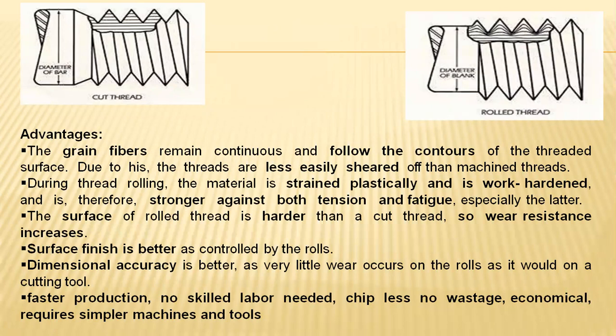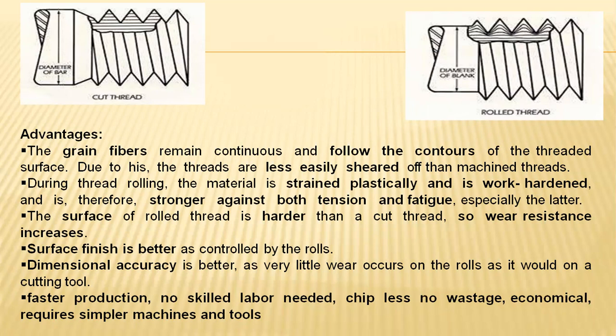So, coming to the advantages, whether it is capable to a maximum constraint or not. Coming to the basic advantages, the grain fibers remain continuous and follow the contours of the threaded surface.